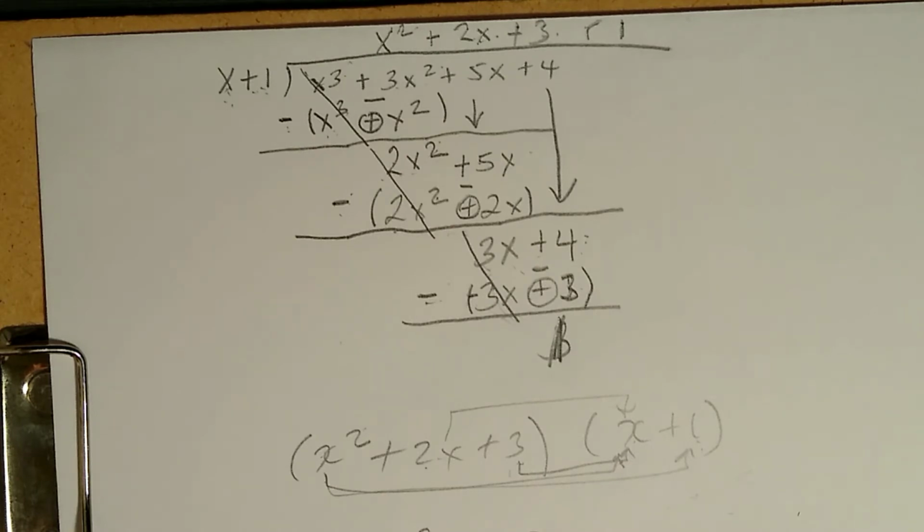I like to put it right underneath because we're going to add. 3 times x is 3x, and 3 times 1 is 3. We're going to add all of this. That's x cubed. X squared plus 2x squared will give you 3x squared. Same thing here. 2x plus 3x will give you 5x plus 3.